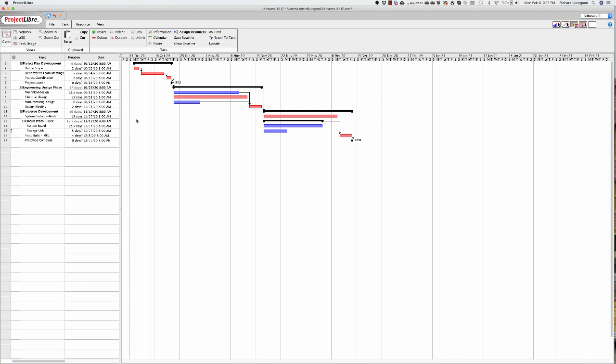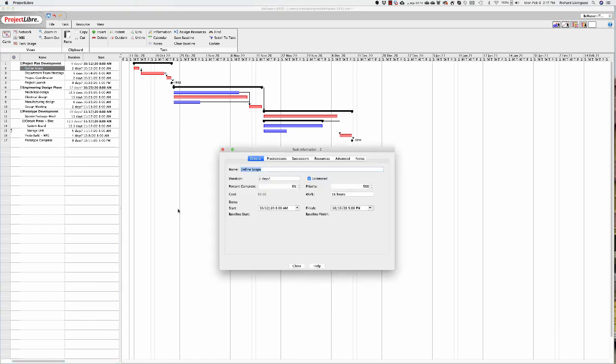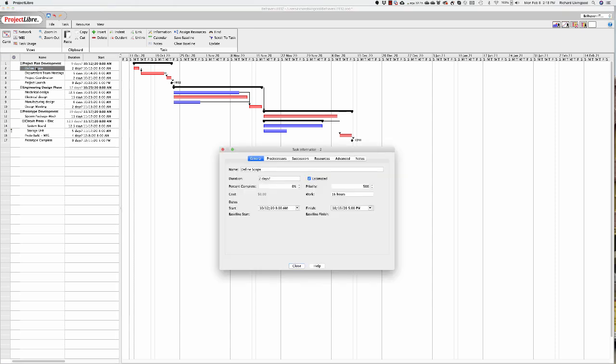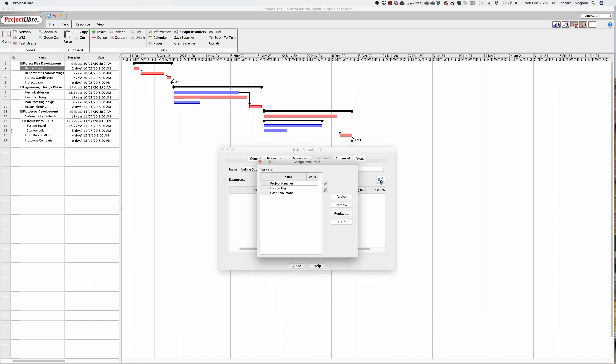And I'm going to take each one of these items here, and I am going to apply a resource to it. So let me start again by going here to define. Now, by the way, I'm not applying the resources to the roll-up, to the summary, only to the task itself. So I double-click on that, window opens, and notice resource. I am going to add a resource, and I'm going to add the project manager as 100% of the time that's associated with this task.